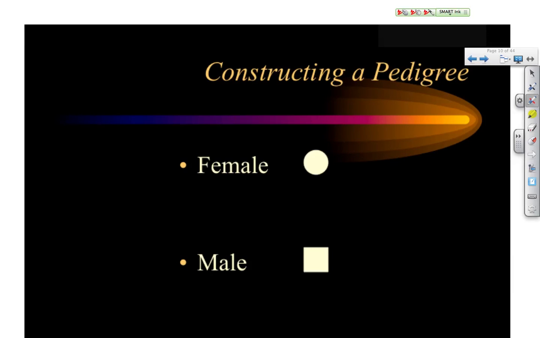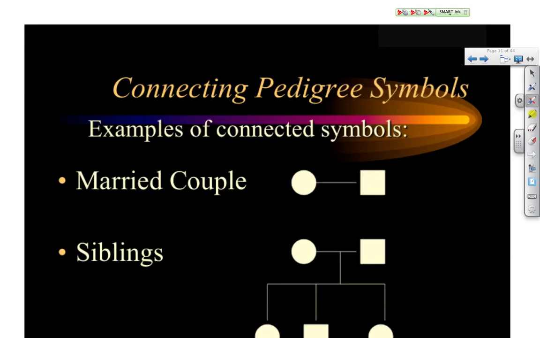On a pedigree chart, females are always symbolized by circles, okay? Males are always squares. Now, connections are significant. A horizontal connection between two symbols indicates a married couple, although they don't have to be married, but they mated and had offspring, okay? Whenever you have a vertical line connected to that horizontal line, that indicates that all of the offspring connected below that are siblings, okay?